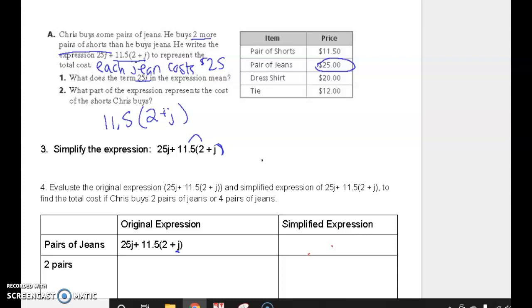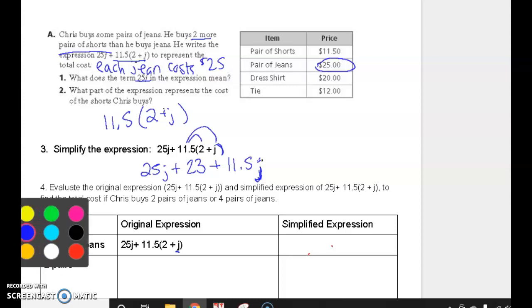So right here, I've got 23. Then I've got 11.5 times J, that's just a positive 11.5J. Now I'm going to bring down my 25J, and since this is positive, I'm going to put a plus on it.